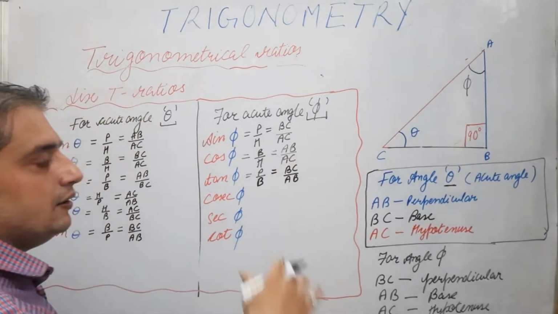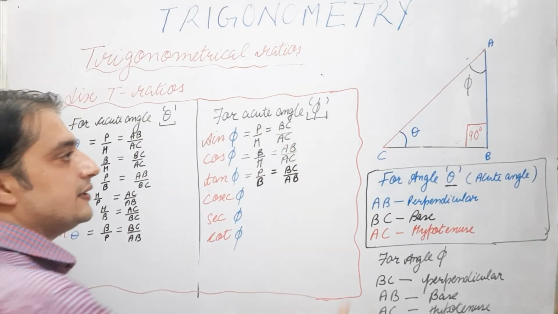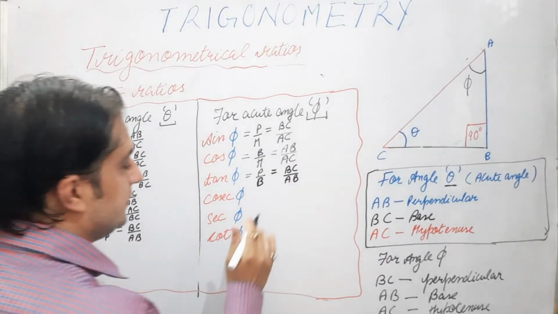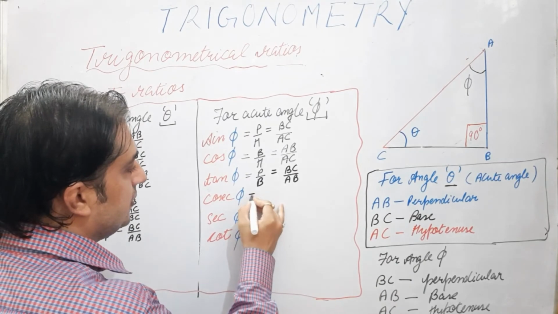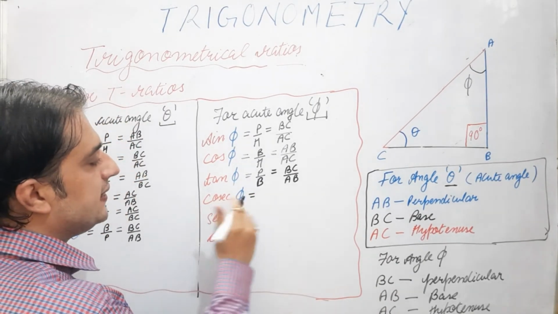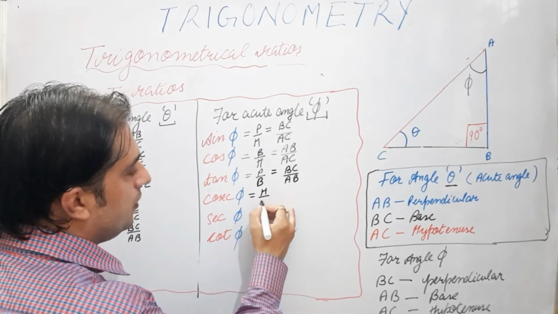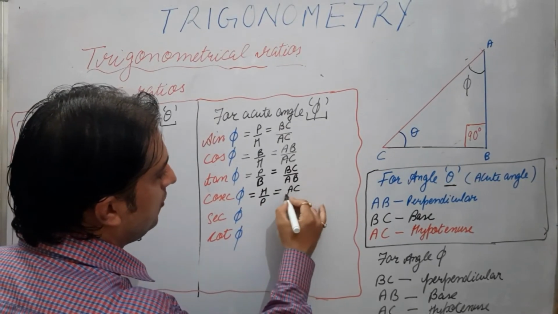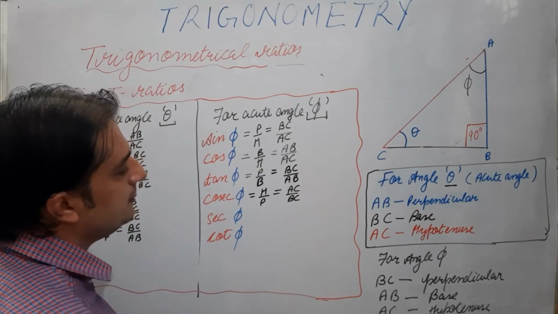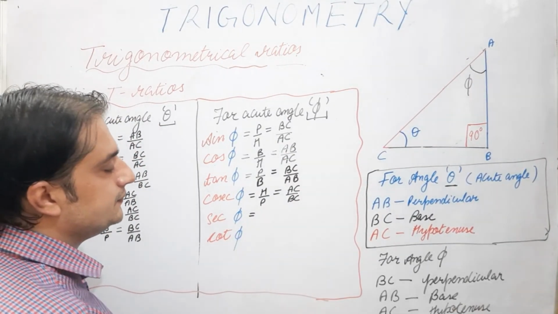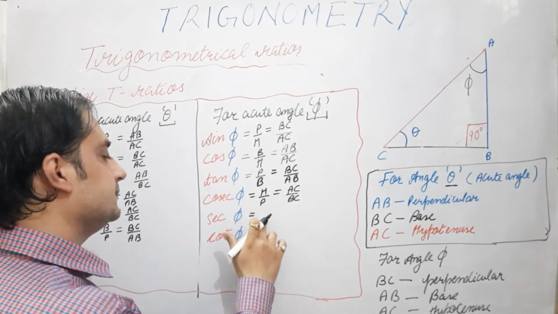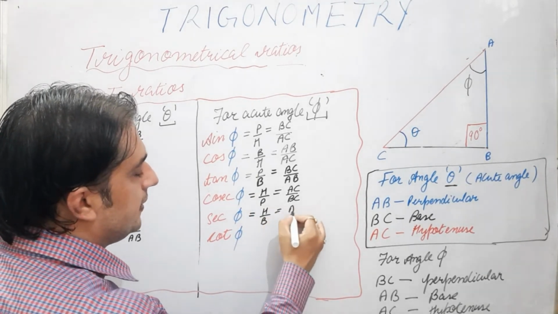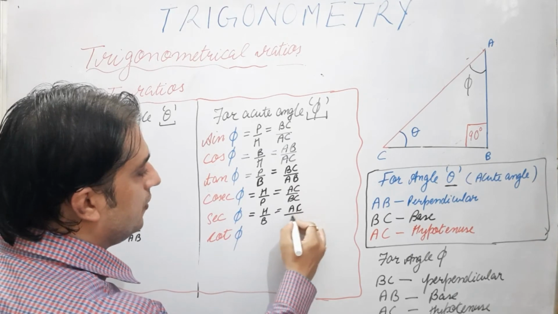If you change the angle, the position of the sides changes, and the hypotenuse remains the same. Now the reciprocal relations: cosecant is hypotenuse upon perpendicular, so it will become AC upon BC. Secant is hypotenuse upon base, so it will become AC upon AB.